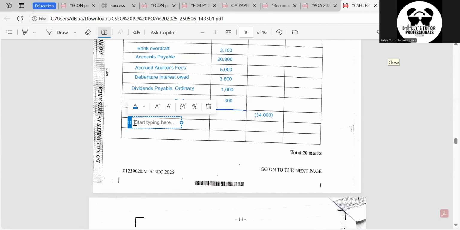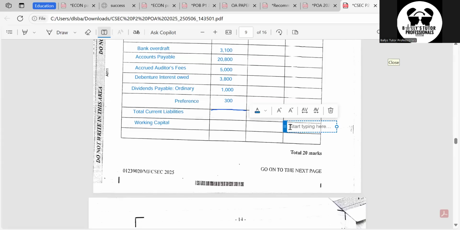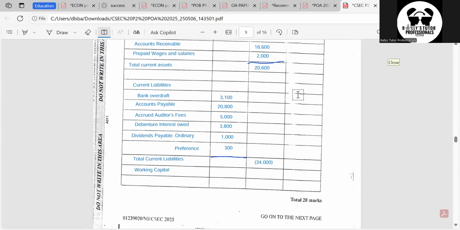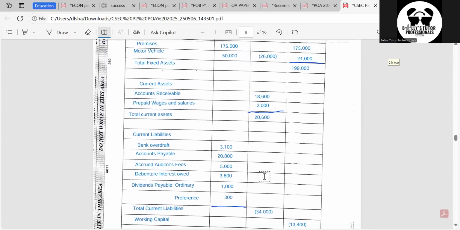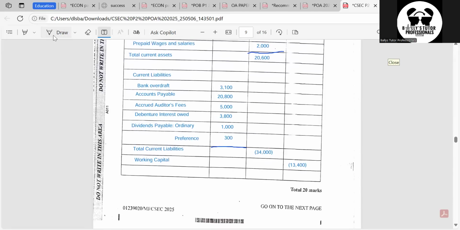Then I'm going to calculate working capital by taking current assets and subtracting current liabilities: 20,600 minus 34,000 gives a working capital of negative 13,400. I'm going to subtract that from my fixed assets, and that gives me 185,600.